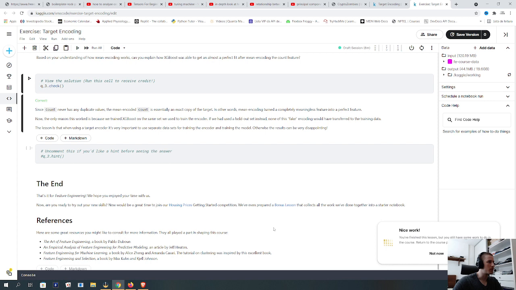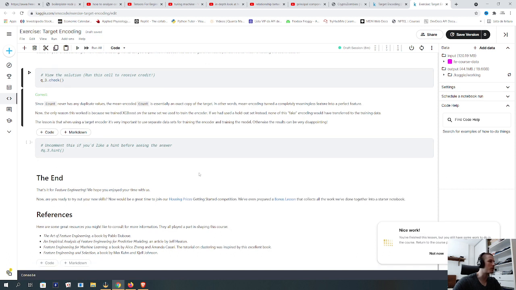Now, the only reason this worked is because we trained XGBoost on the same set we used to train the encoder. If we had used a holdout set instead, none of this fake encoding would have transferred to the training data. The answer is that when using a target encoder, it's very important to use separate data sets for training the encoder and training the model. Otherwise, the results can be very disappointing. That's it.